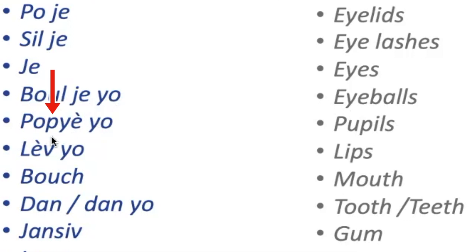Pupils, paupières. Lips, lèvres. Mouth, bouche. Tooth, dent. And of course, to indicate the plural, you just add the yo. Dent yo, that would be teeth. Gum, gencive.